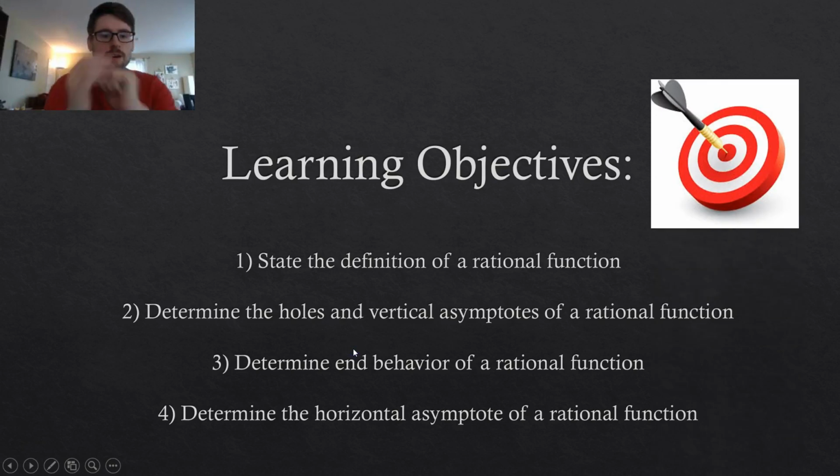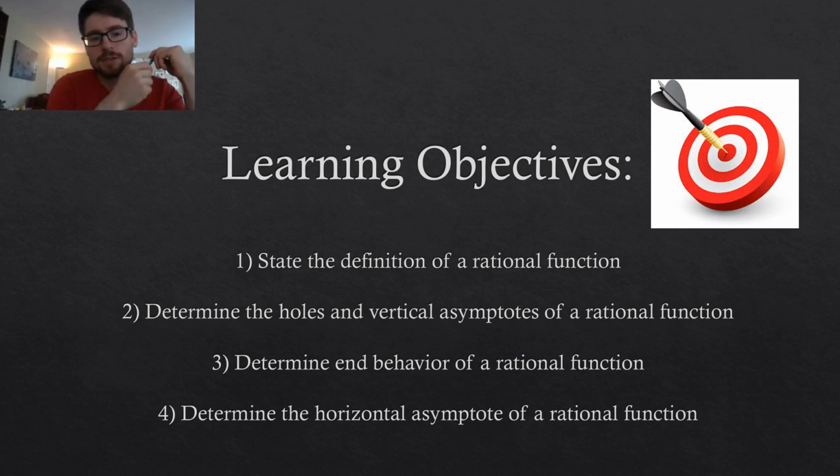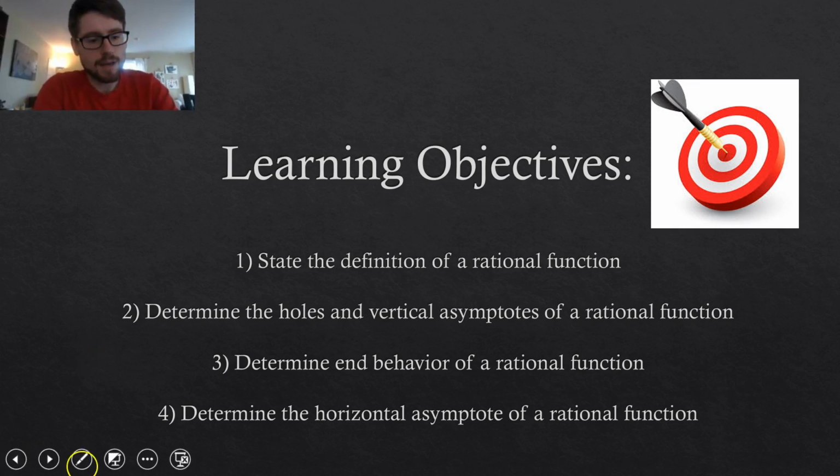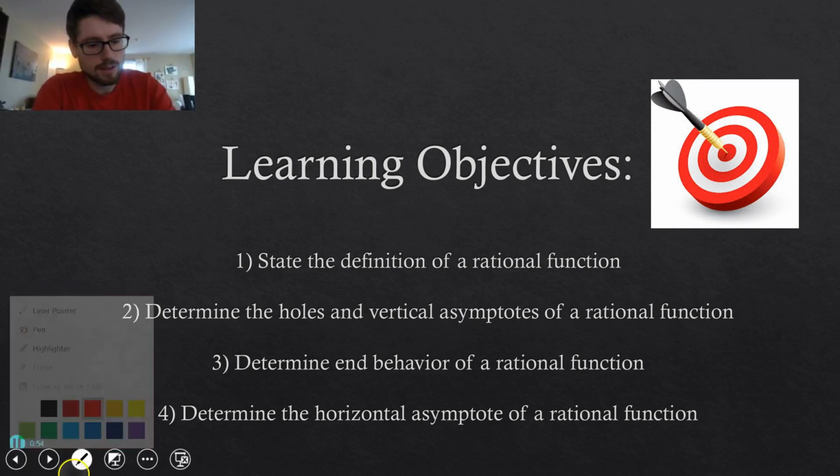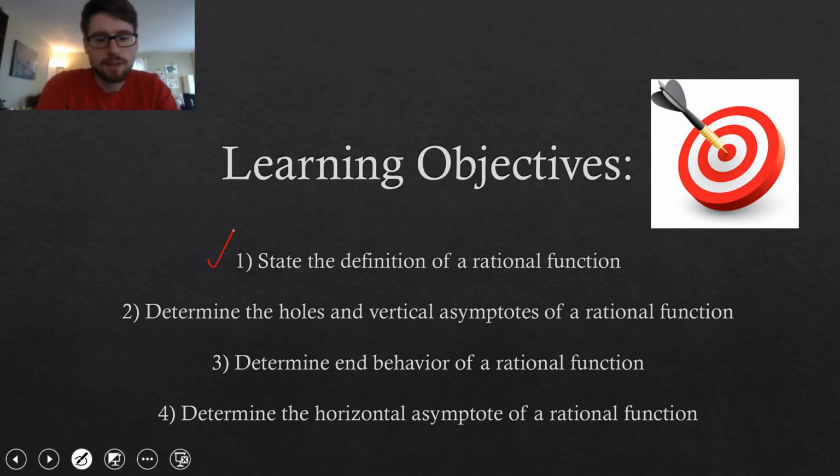All right, so the learning objectives for this lesson are that we're going to figure out, first and foremost, what a rational function is. Then we're going to figure out these notions of holes and vertical asymptotes. What are those for a rational function and how do you find them?